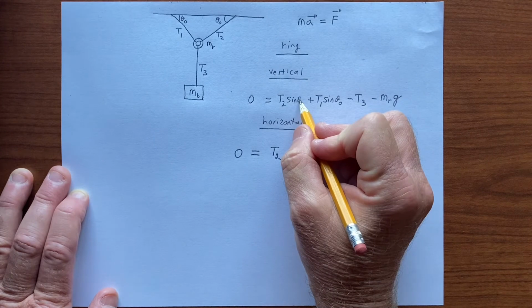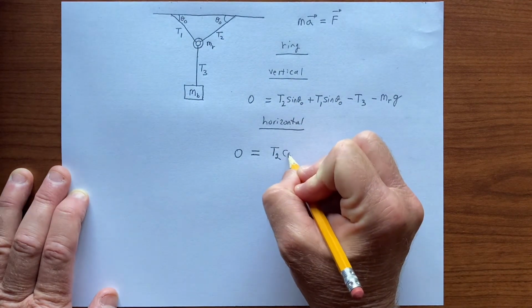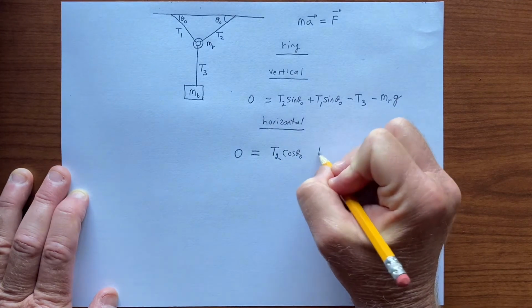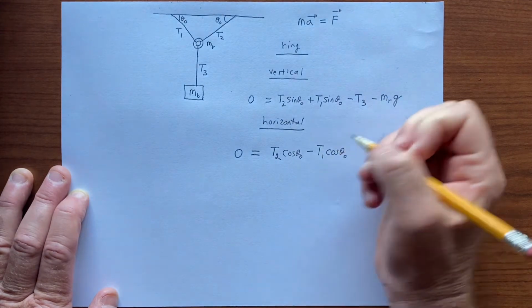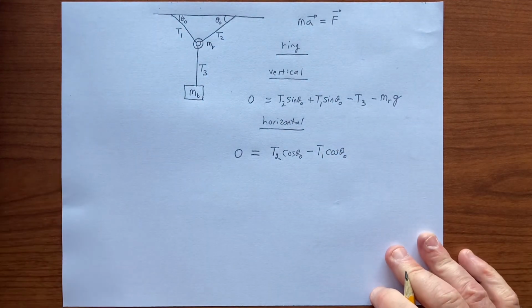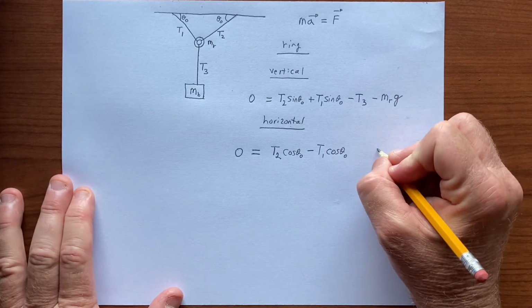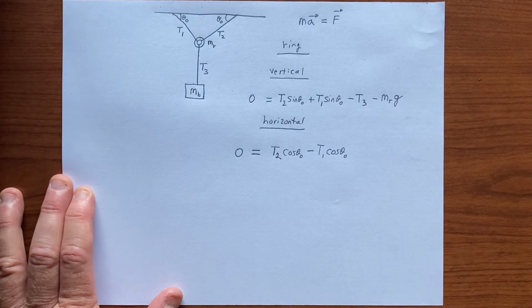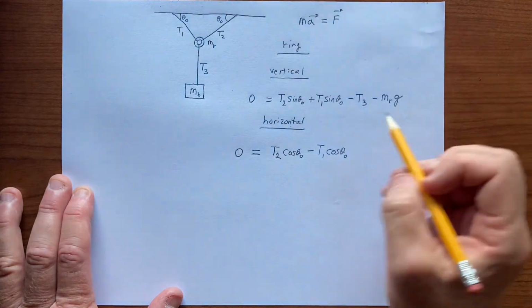Since the vertical components involve the sine, these must involve the cosine. So we have T2 cosine theta naught, but T1 cosine theta naught must be opposite, otherwise the equation wouldn't make sense. This immediately tells us that these two tensions are equal. So we're done with applying ma equals F to the ring.